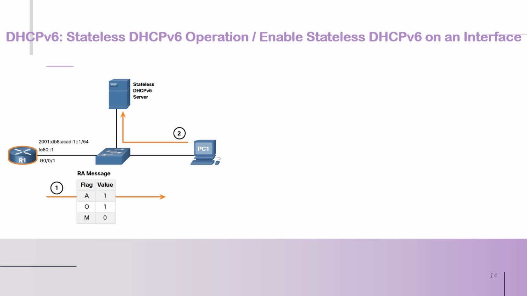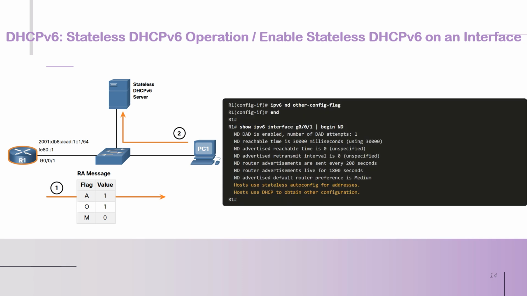So how do you enable stateless DHCP version 6 on an interface of a router? To do that, you can use the ipv6 nd other-config-flag interface configuration command, and this will set the O flag to 1.